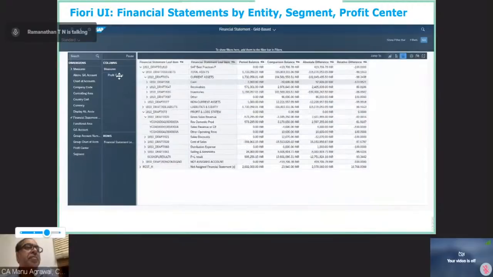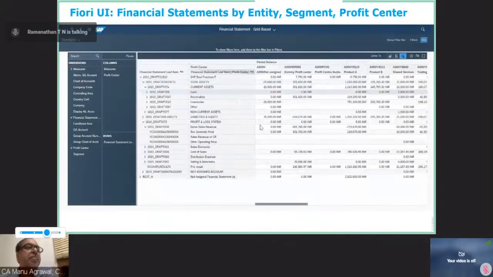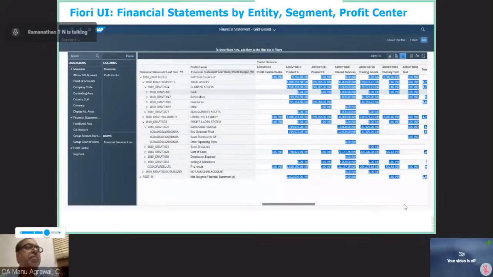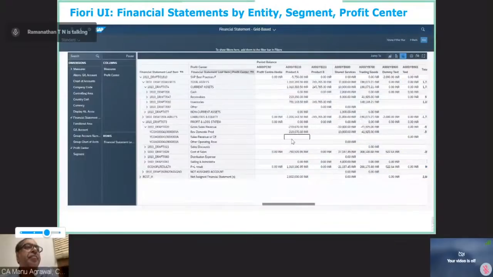So the same level of financial statement is what you want to see. Here you are trying to slice and dice in terms of product A, product B, or a profit center as an example. These are all different profit centers, which are management dimensions. You are applying the same financial statements, the IFRS hierarchy, onto this for you to experience the single source of truth.